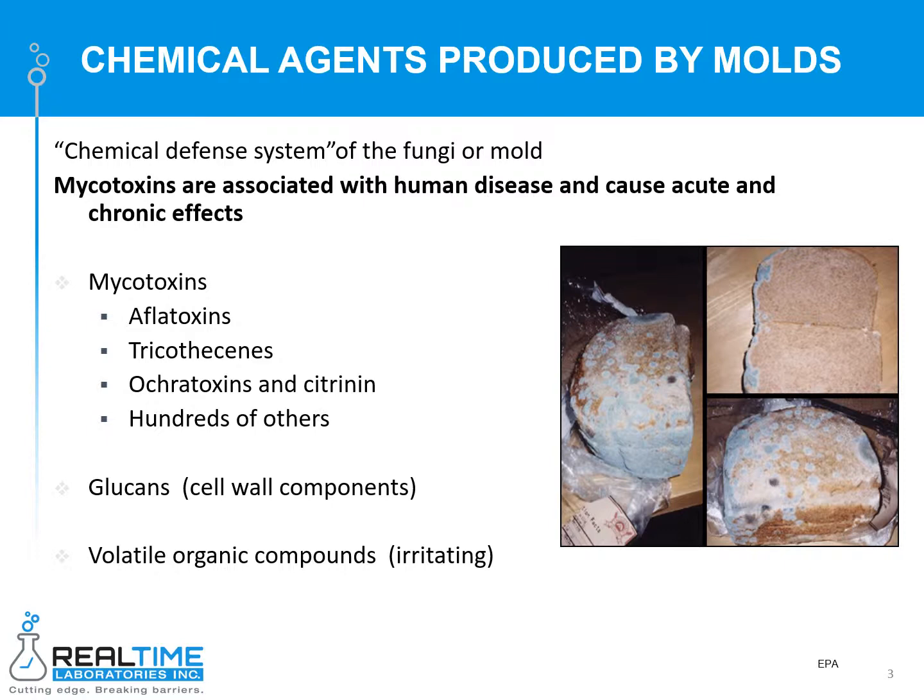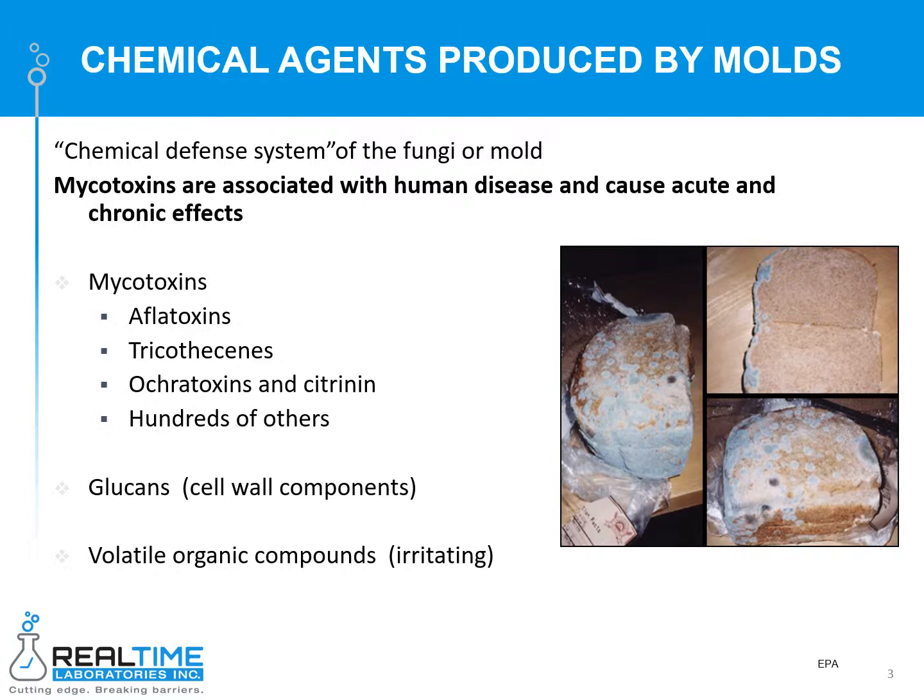The trichothecines that we notice inhibit protein synthesis, so they stop all the protein synthesis going on in the cells. They can cause anemia, and it has been noted that they can cause a pulmonary hemorrhage, or blood coming from the lungs.